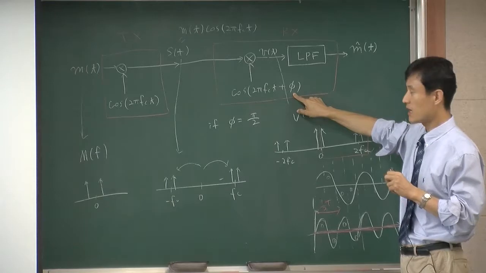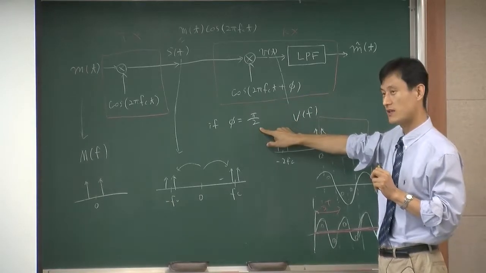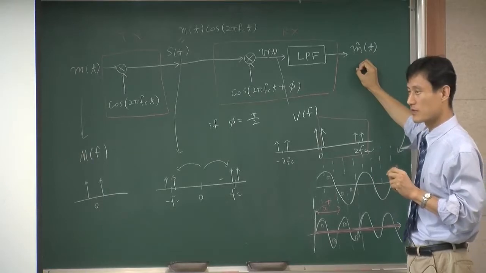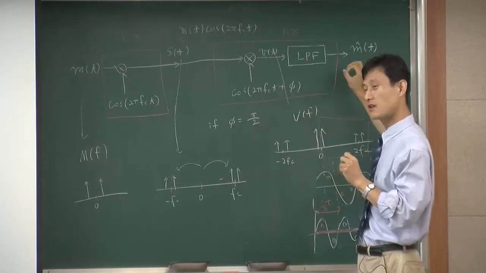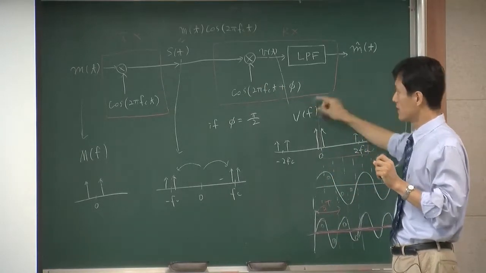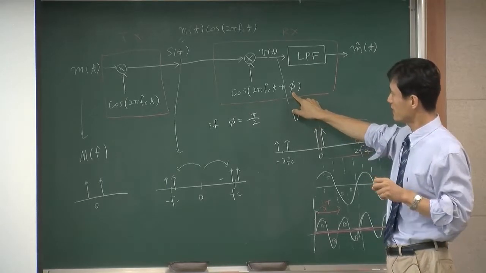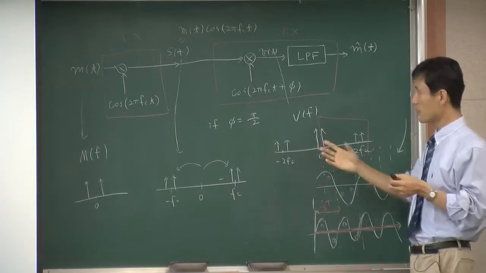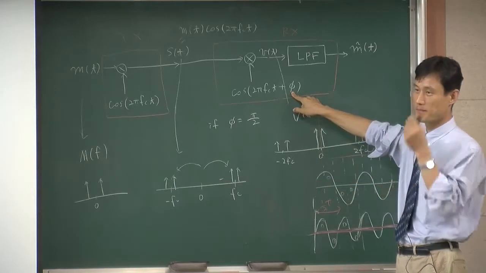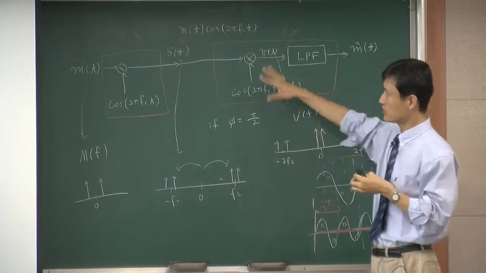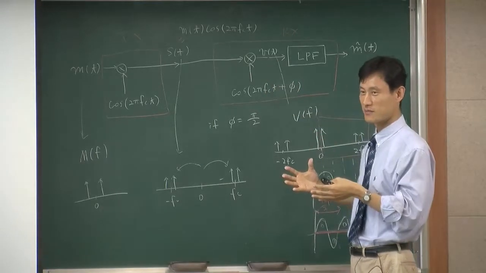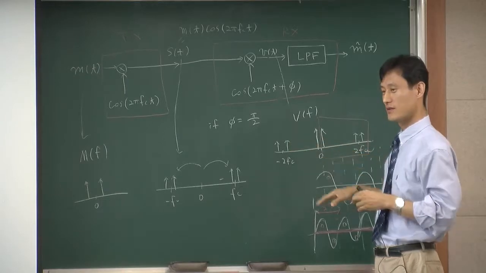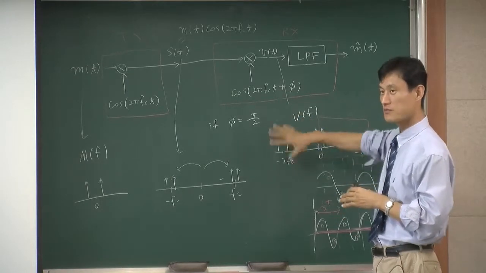Sometimes the phase is 90 degrees. You are so unlucky, you get 0. You did a good job, but still you get 0. If you are very lucky, the phase mismatch is 0, you get the maximum output. So now what happened? This phase is random. You did your best, but sometimes you get 0. So that's the problem. That was the problem so far.